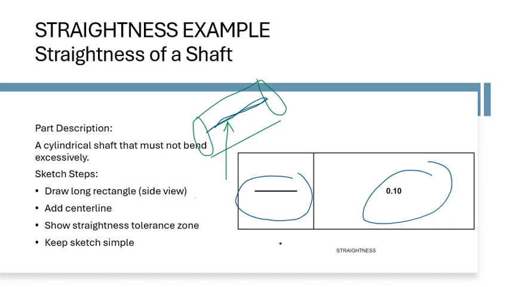So make sure you draw the long rectangle side view for this example, and this is kind of like your textbook example. So you will draw your side view, long rectangle side view, and then you're going to add the center line.